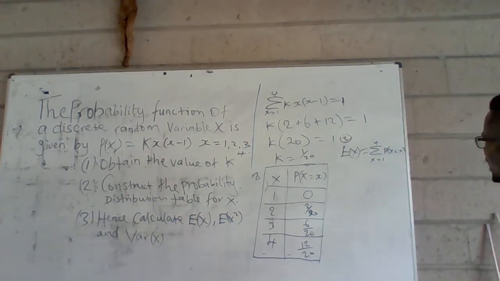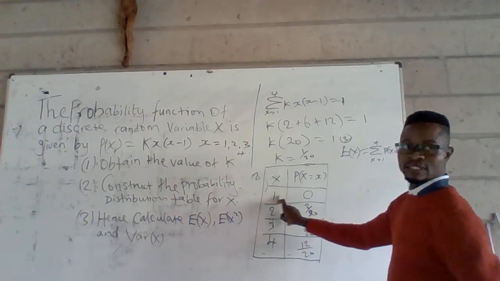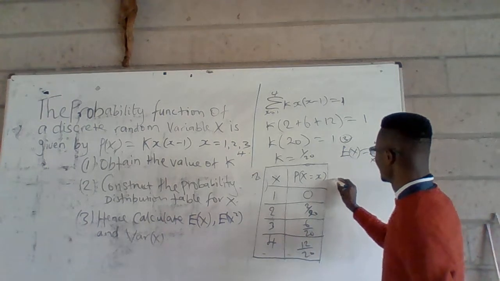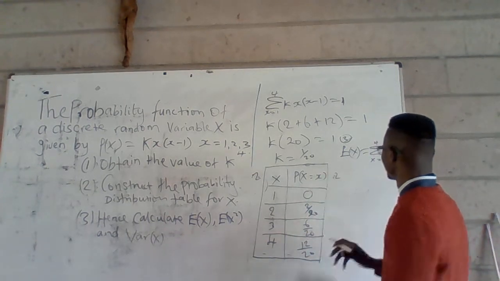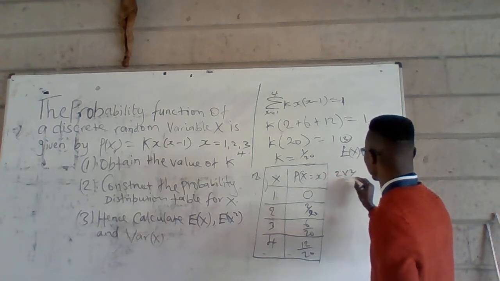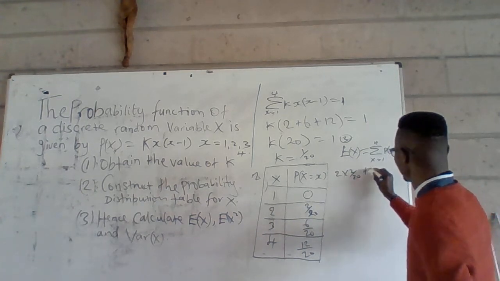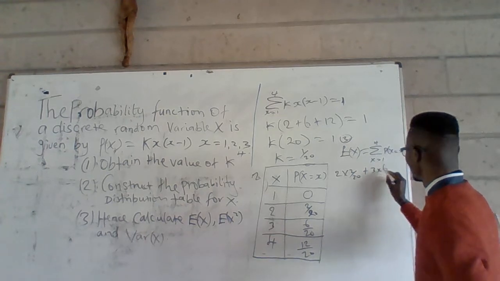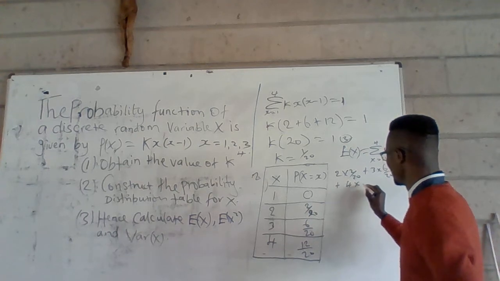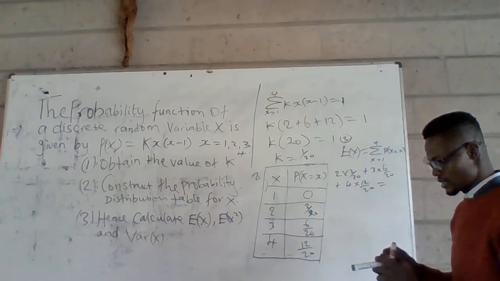So now we can add. This means that our sum will start from 2, because if we substitute the 0 probability, you will simply get 0. So it will be 2 multiplied by 2/20, plus 3 multiplied by 6/20, plus 4 multiplied by 12/20. So put it in your calculator and let's see what we have.